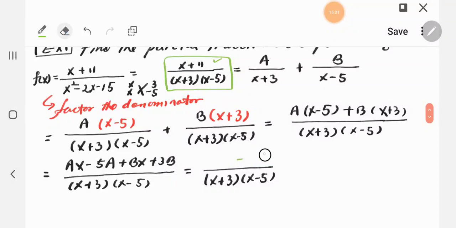So which means, let me rewrite the numerators. Combine the like terms, combine the x terms. So this will be x plus a plus bx, and the constant is negative 5a plus 3b.